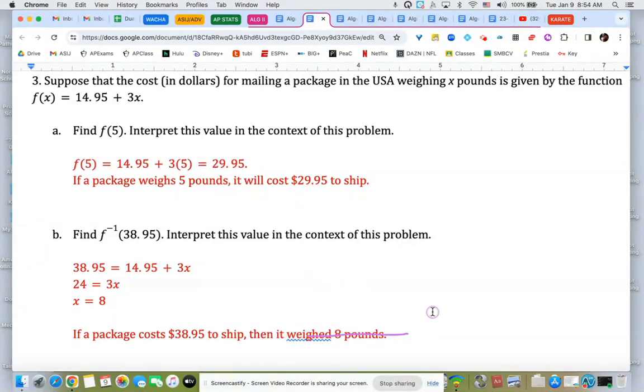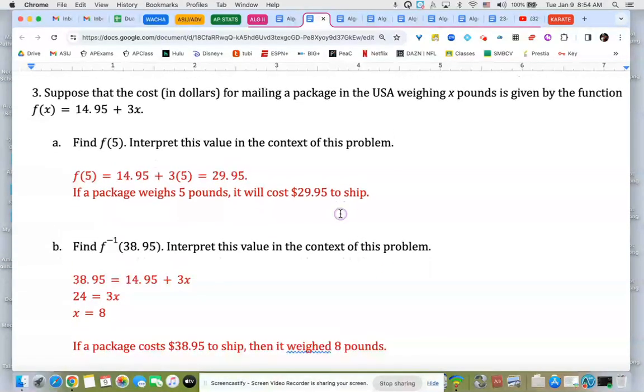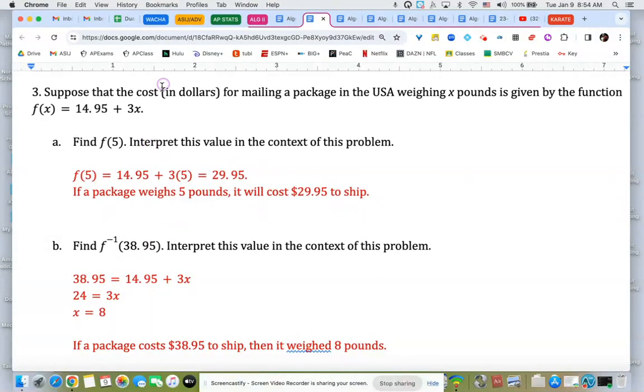So that's 8 pounds. You've got to know what that means when you get done, right? That's the other part of this, is knowing, is the input dollars and the output is what, right? So in this case, the input is not dollars, the input is pounds, and the output is dollars. So maybe that helps you actually. When you look at this, is 5 pounds or is that dollars? Well, that's pounds. So that goes in where the pounds go, which is where the x is.